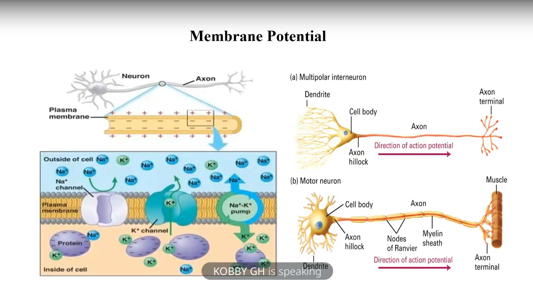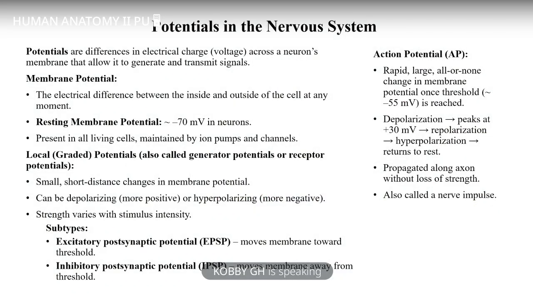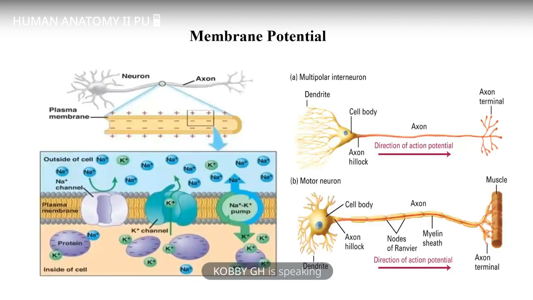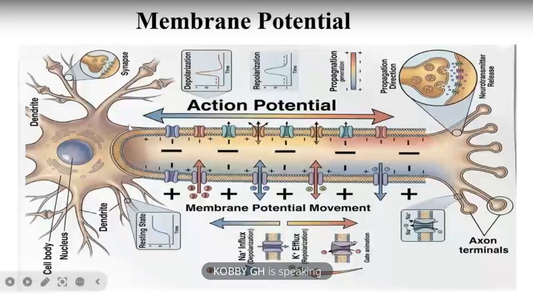So you can imagine all these processes are going on in our bodies as you are moving, as you are viewing objects, as you are hearing. Now, when a neuron is at rest, that is what we call resting membrane potential, meaning there is no action potential, because action potential only occurs when an impulse is moving.